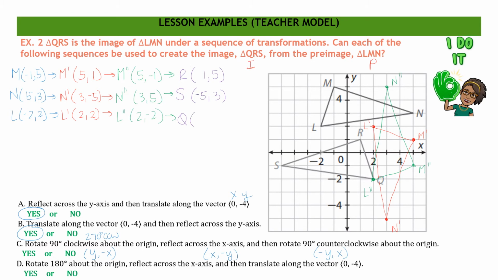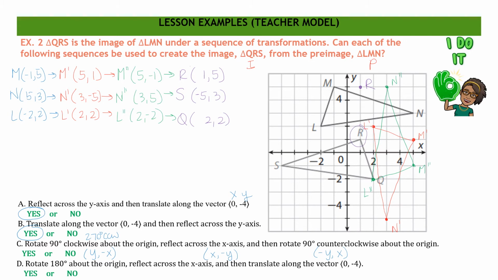And then for Q, I have -2, 2, but our Y now is positive. So if I graph this, I have 1, 5, and I can already see R is not way up here. R is right here, ladies and gentlemen.